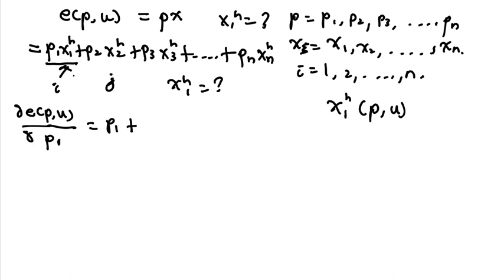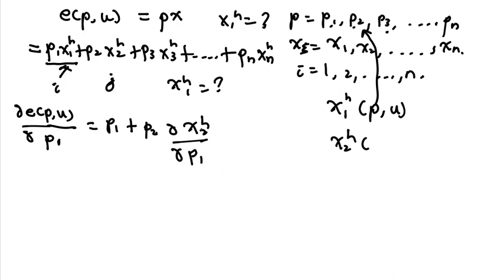The rest here, P2 is a constant, but we need to differentiate x2h with respect to P1 because x2h also depends on the vector of prices. It's not only P2, but it consists of P1, P2, P3. So you still need to differentiate it with P1 because the Hicksian demand function for good 2 is a function of the vector of prices, not just P2.